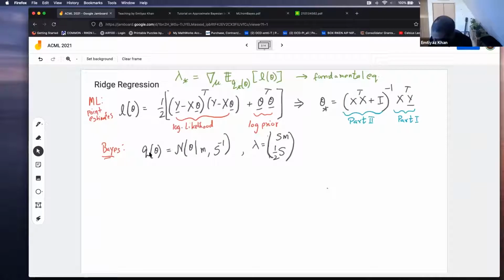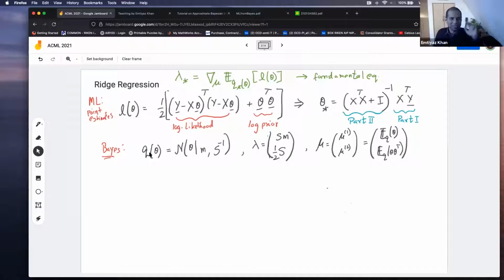Now, mu also has two parts, which I'm going to write as mu1 and mu2. You don't have to know these expressions, but there are two sufficient statistics, so there are two kinds of information: the linear part and the quadratic part.